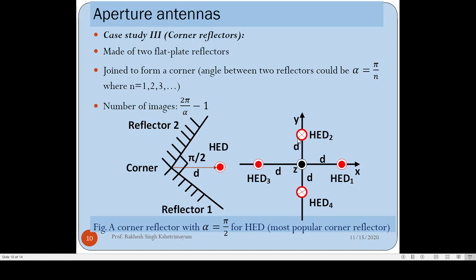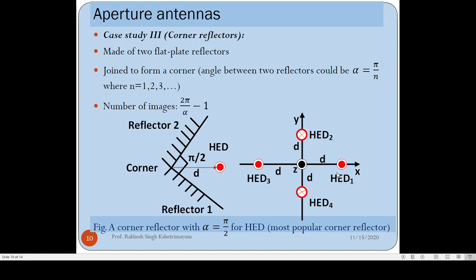So note the orientation of these horizontal electric dipoles 1, 2, 3 and 4. Horizontal electric dipole 1 was the original dipole. It was directed outward of the computer screen, but horizontal electric dipoles 2 and 4 would be directed inward, inside the computer screen, and horizontal electric dipole 3 would be coming out of the computer screen.